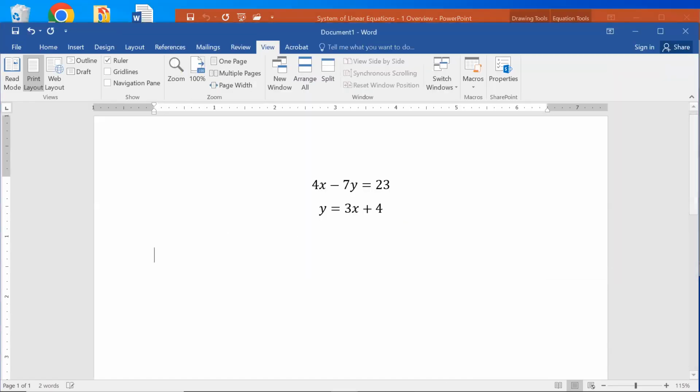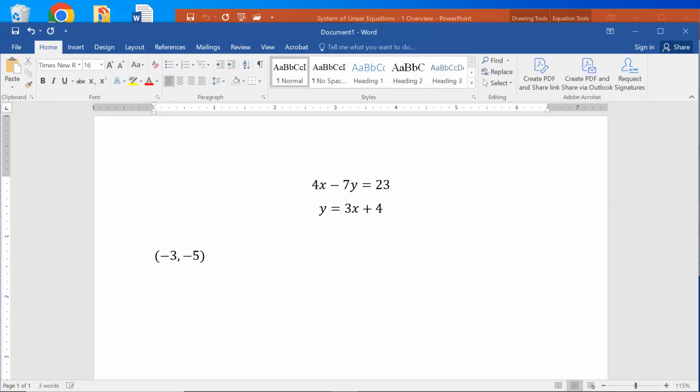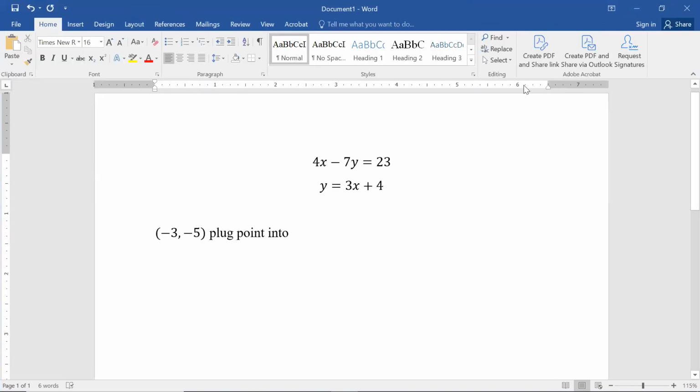So how could we show that that's a solution? Well, negative 3 comma negative 5 is a point. We could plug that point into both equations.